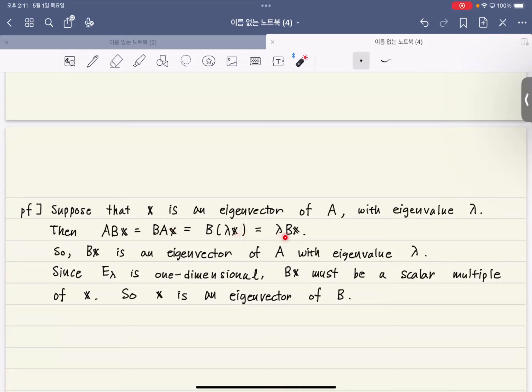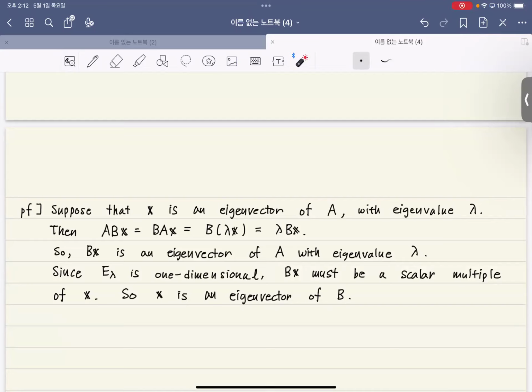So it's lambda times BX. So A times BX is lambda times BX. This implies that BX, which is another vector, also has to be an eigenvector of A with eigenvalue lambda.